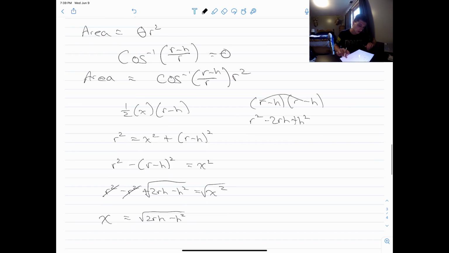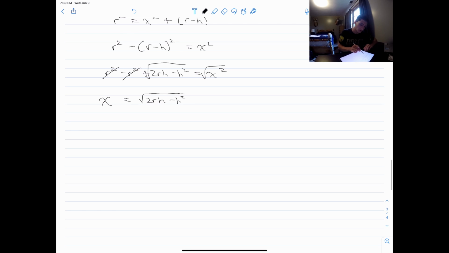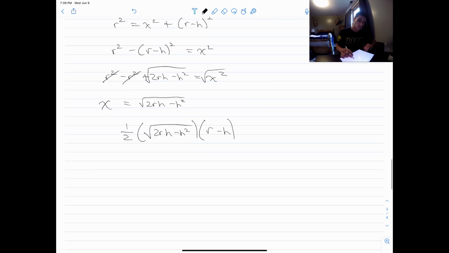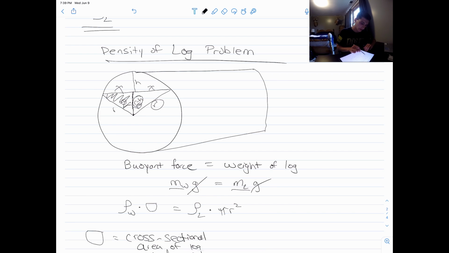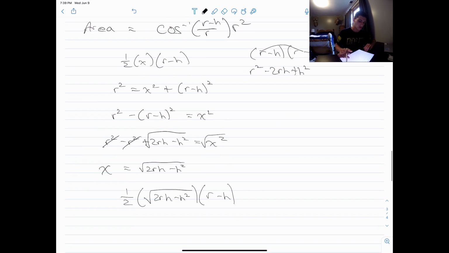So we're actually really close. Again, we said that our area of the triangle was 1/2 base times height, where our base is now the square root of 2rh minus h squared, and times our height, which is r minus h. But that was just for this little piece right here. We also need to do this other piece. That's why we need to multiply this whole thing by 2.